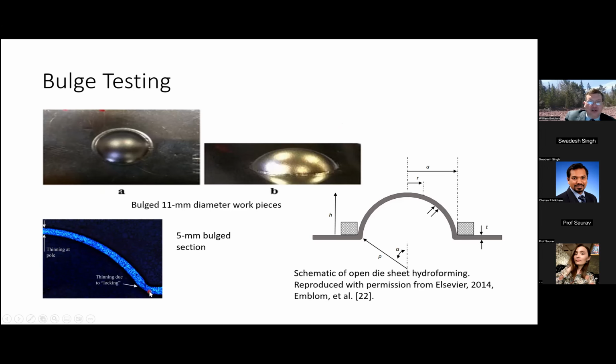However, at the die shoulder, we had a significant amount of thinning too. And we call that thinning a locking region, because we found that the sheet would stop somewhere around here as it flowed into the die cavity.